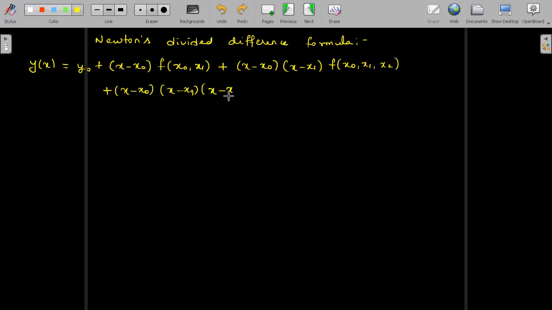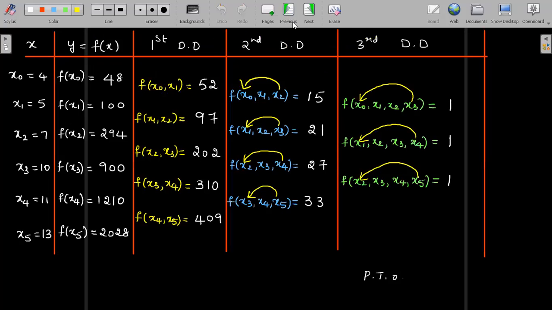This is multiplied with f of x naught, x1, x2, x3. We observe that this is the last value that exists.